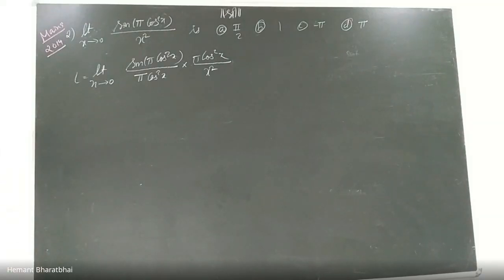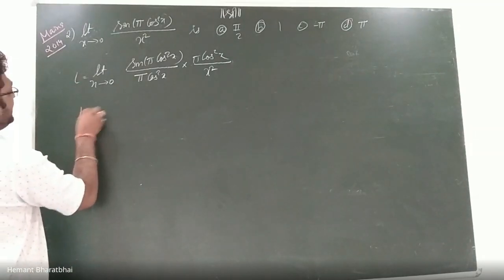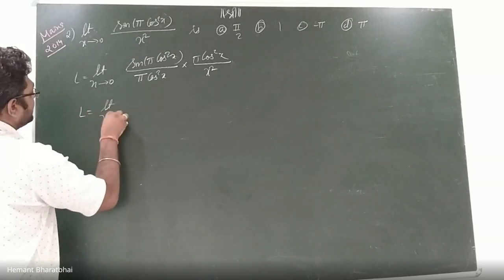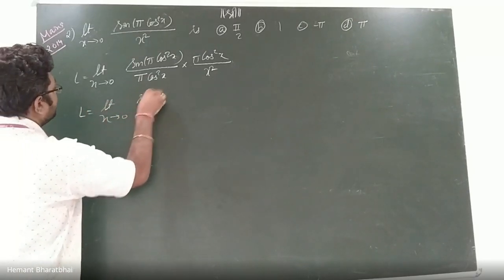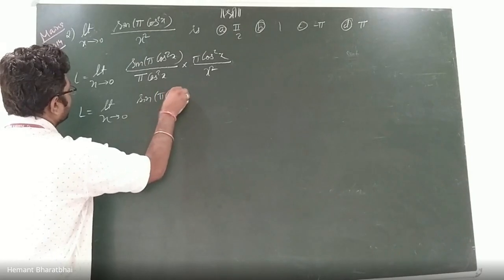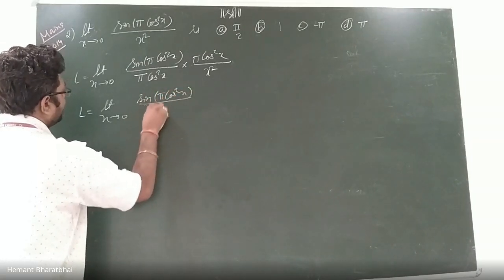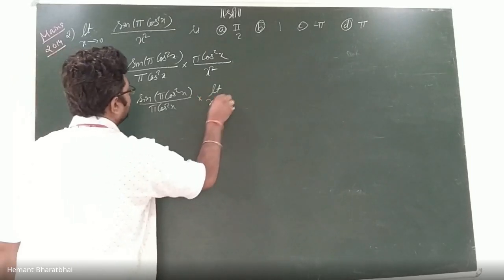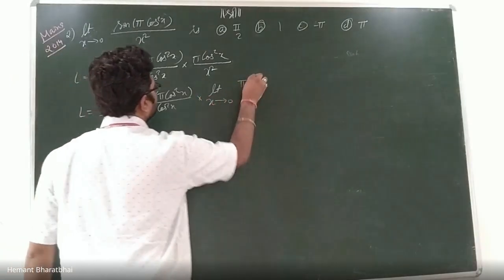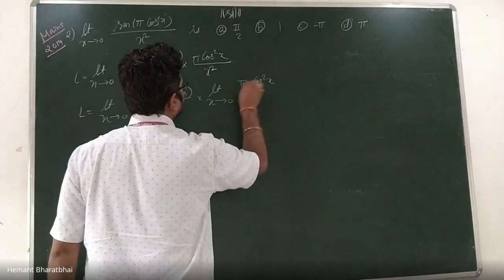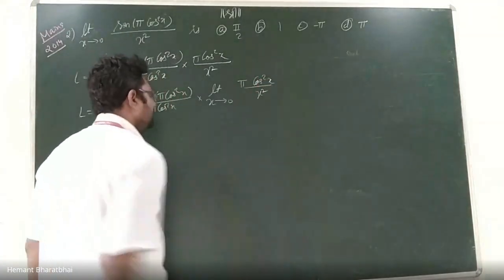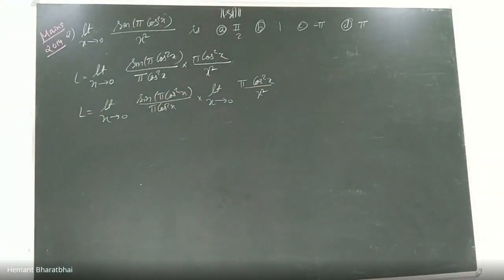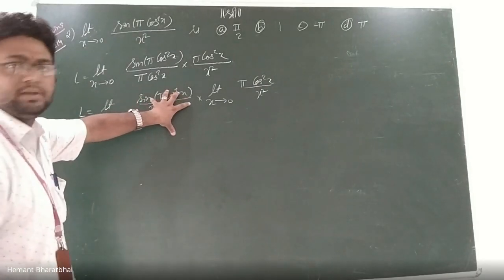Now I can apply the limit separately. Limit of x tends to 0, sine of pi cos square x upon pi cos square x, into limit of x tends to 0, pi cos square x upon x square. The sine of x by x is 1, so the limit of this will become 1.